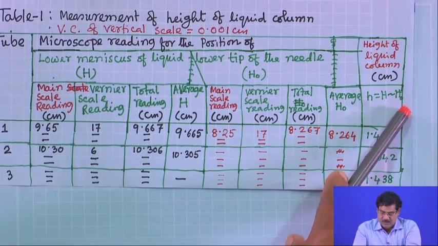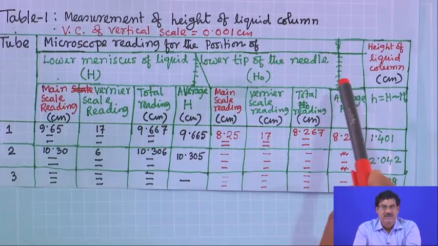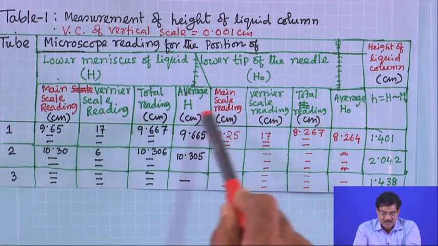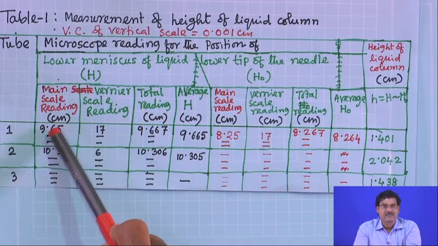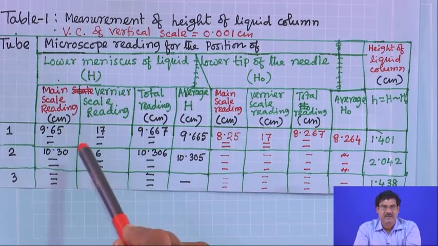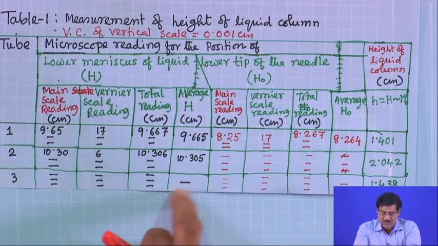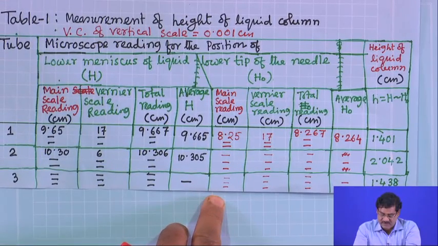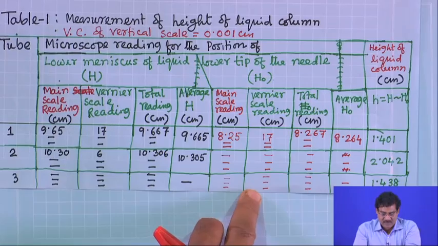Here you see that I have written the unit. It is very essential and very important. All the time you should mention the unit in which you are noting down the reading.